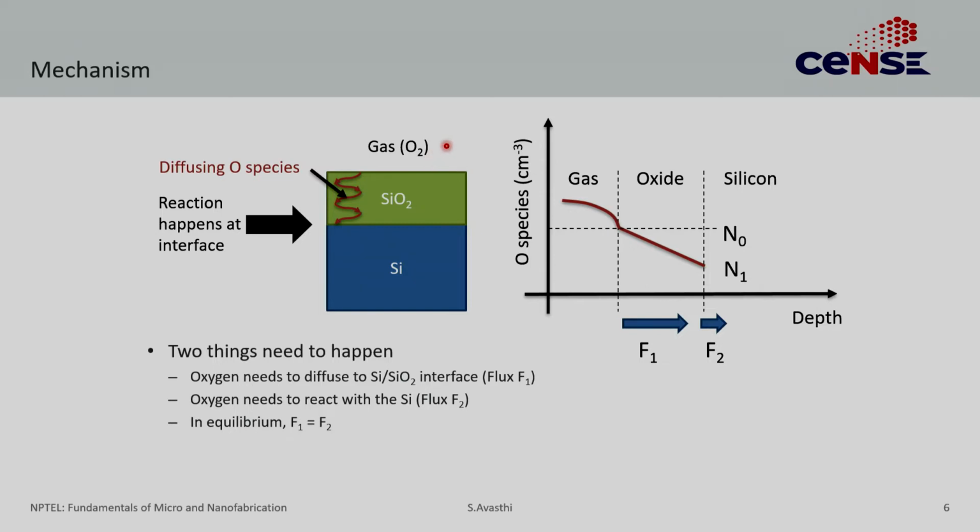For argument's sake, let us say oxygen. So, we are doing dry oxidation. Now, this dry oxidation precursor, in this case oxygen, has to reach this interface in order to interact with silicon. So, it must travel through the silicon dioxide through some mechanism and reach the interface where it will react with silicon to form silicon dioxide.